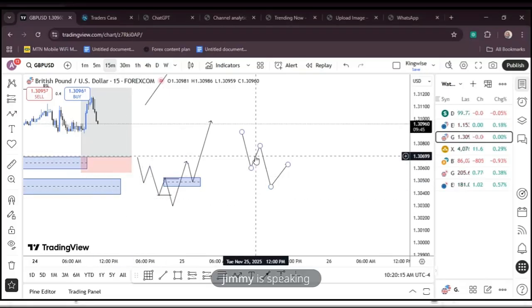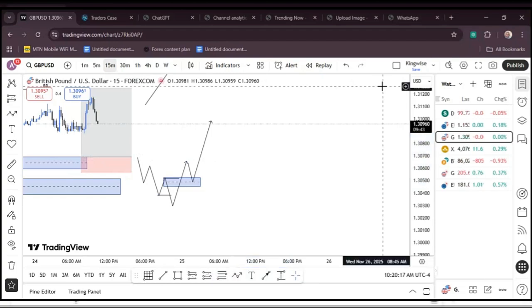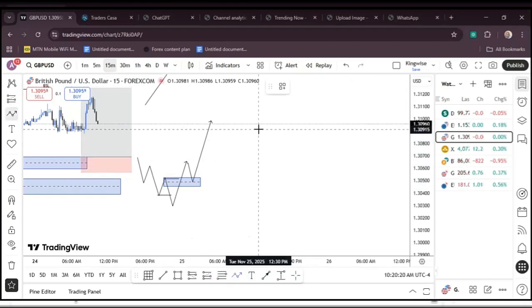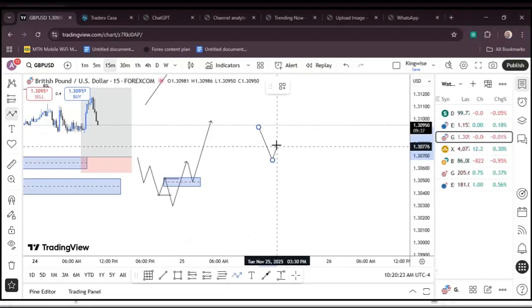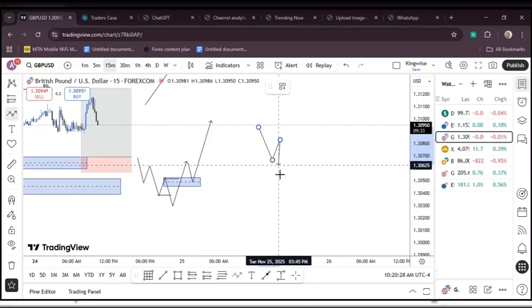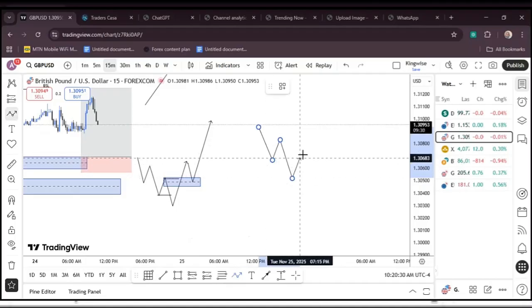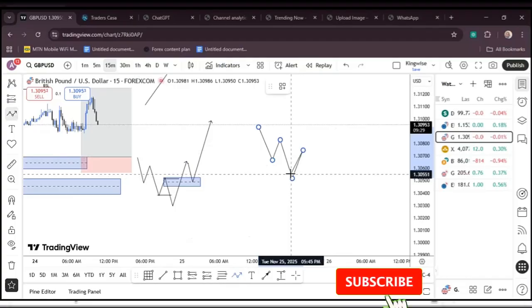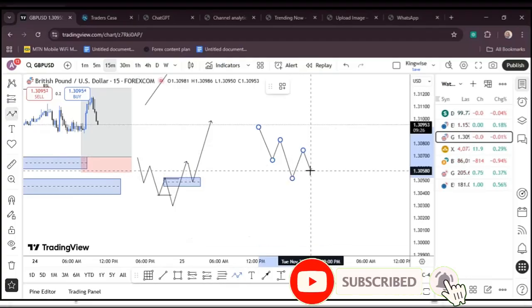Okay, so I was trying to explain a mitigation block, even though you might not really be needing it, but if you have the knowledge, it's good. Imagine market is going on a downtrend, and then instead of breaking this low, it refused to break that, just like that failure swing I talked to you about recently.